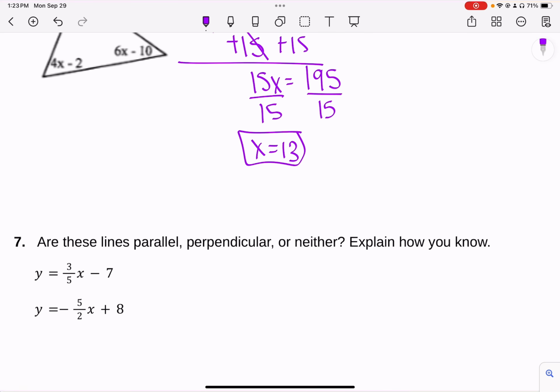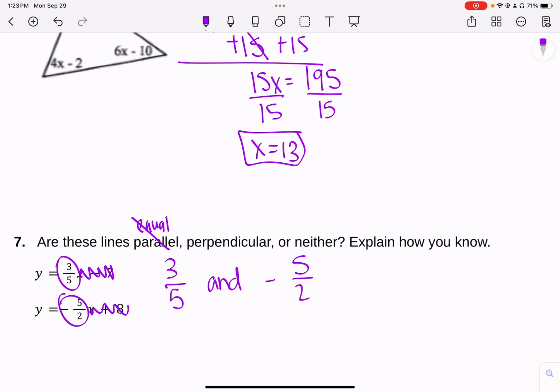Number 7, it says, are these lines parallel, perpendicular, or neither? So the really important piece that you're looking at is just the slope to determine that. So 3 over 5 and negative 5 over 2. So if they were equal here, they would be parallel, and that's not true.